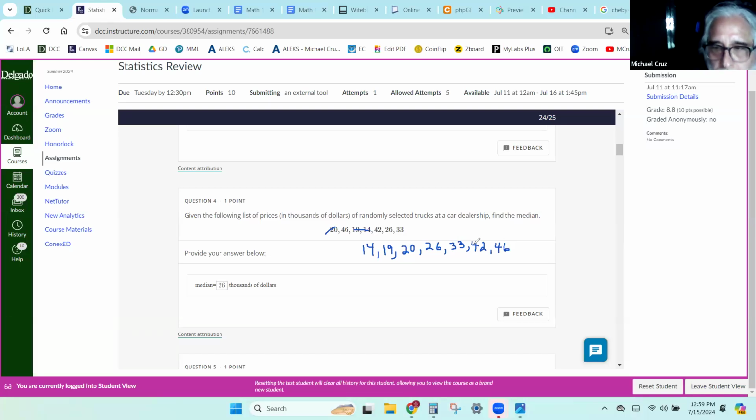One, two, three, four, five, six, seven. And so when you've got an odd number of pieces of data, there's going to be one value in the middle. And it would be that one right there, because you got exactly 3 on each side. So 26 is the median.